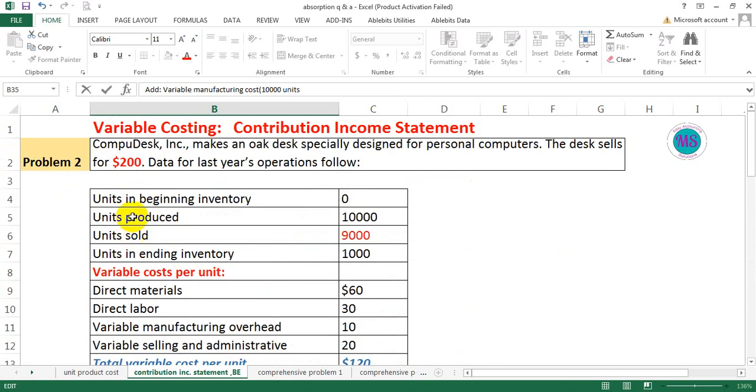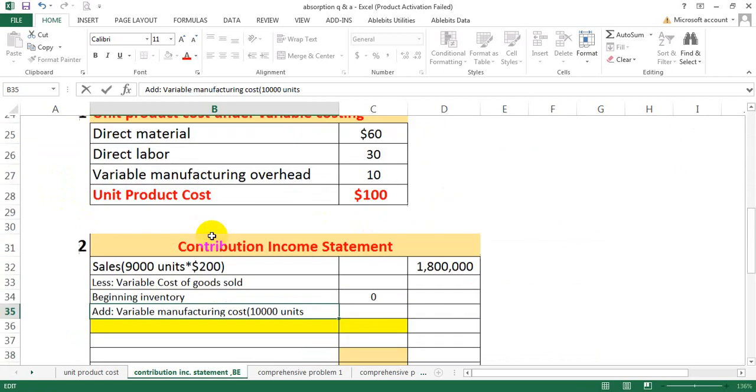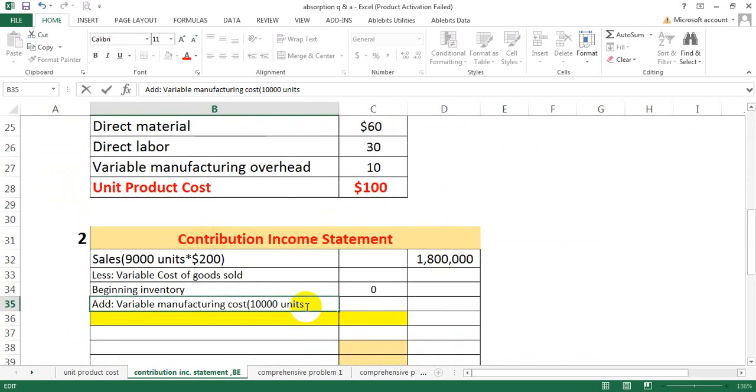How many units does the company produce? The 10,000 units. Take the 10,000 units, and the manufacturing cost, or unit product cost, is $100. How did I get this value?